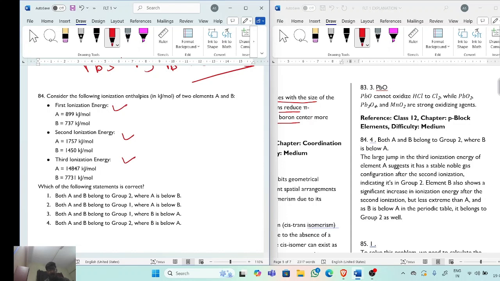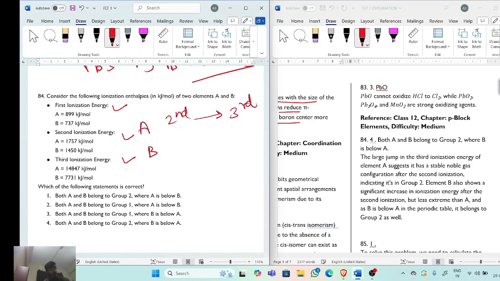For element A, the first ionization energy is around 900, the second is approximately 1800, but the third is around 15,000 kilojoules per mole. So there is a very high difference between the second and third for element A.